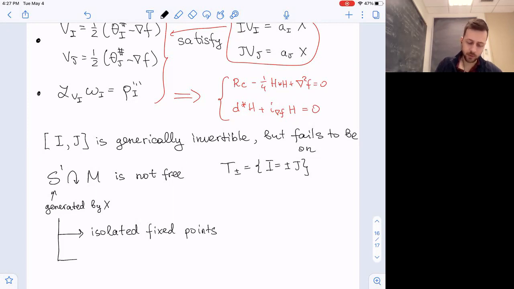But the bigger problem is that S1 preserves the degeneracy locus, of course, because it preserves I and J. So the action restricted to this divisor might have finite isotropy groups.